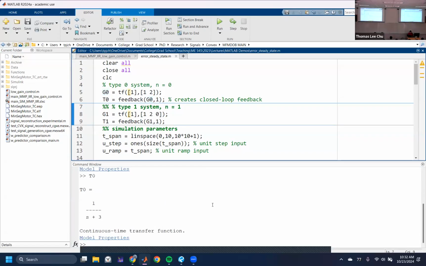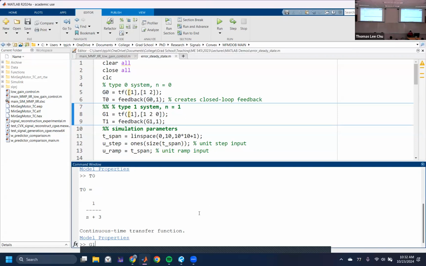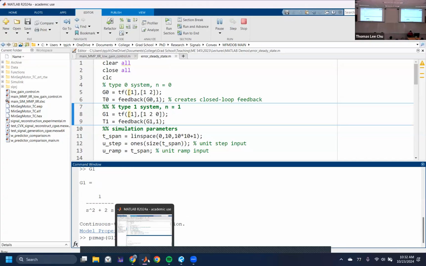And then if we look at type 1 now, where we have G1, we have a system with a pole at the origin and a pole at -2. If I look at the PZ map of G1, we could probably see. Oh, it's taking a long time to plot.